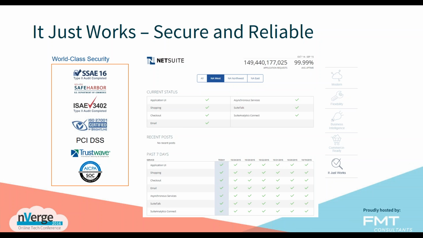They have multiple data centers across the country as well as in Europe, and at any point in time you can go in and look and see NetSuite's reliability, how it's doing, are there any open issues, were any services impaired, and great uptime and reliability in the platform. They really know how to keep it running.